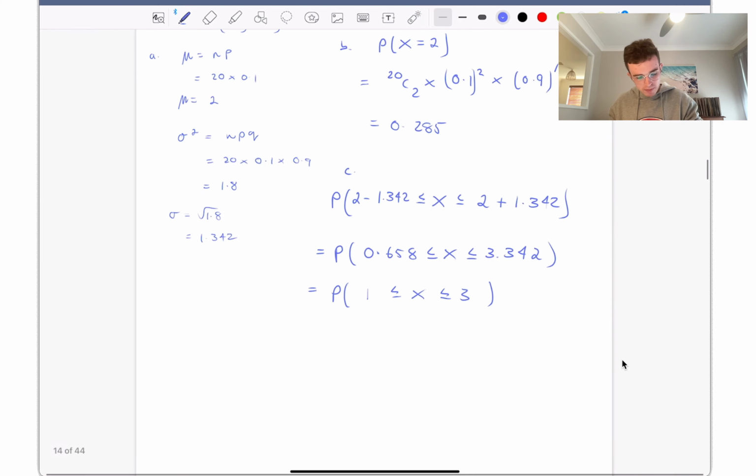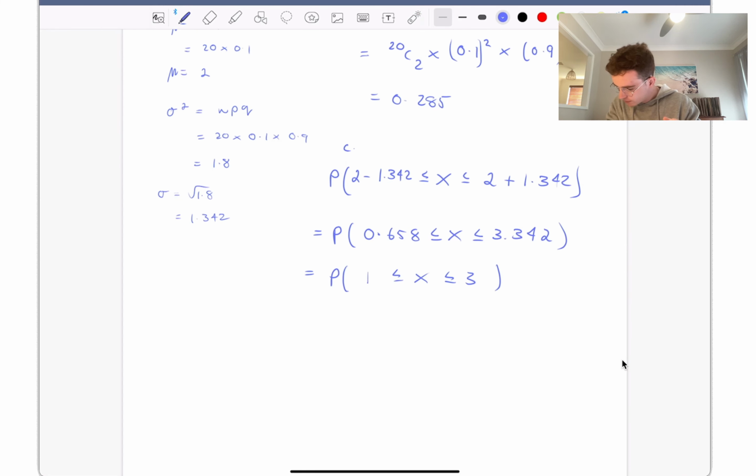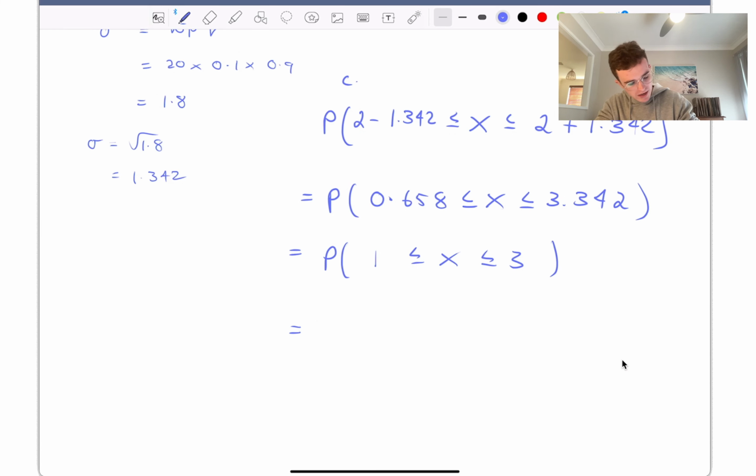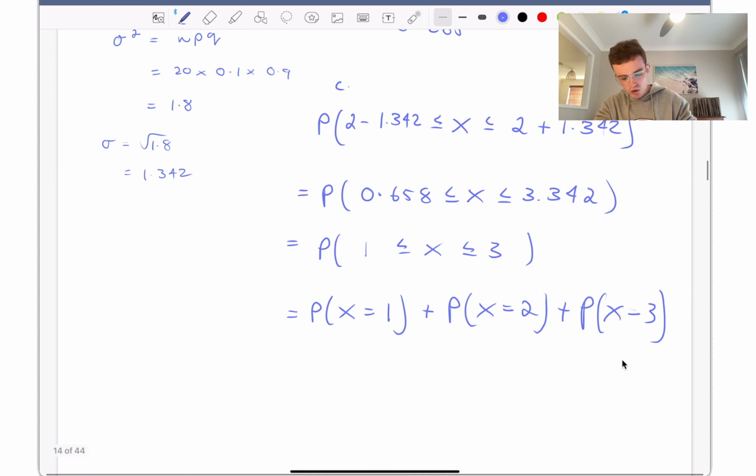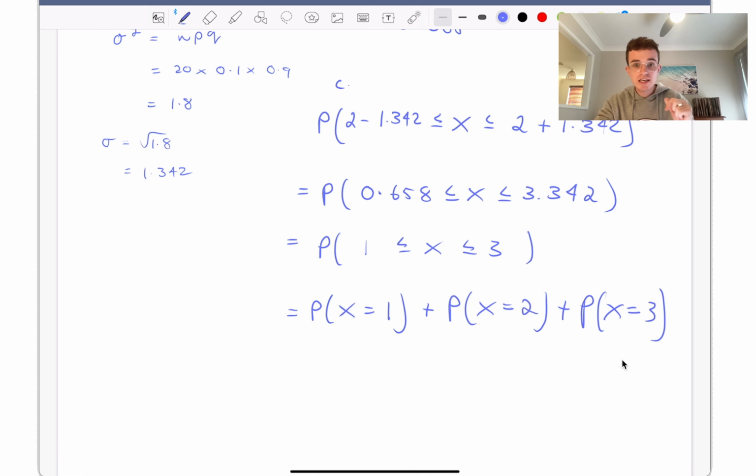So we're looking at the probability that x is between 1 and 3. Realistically, that is the probability that x is 1 plus the probability that x is 2 plus the probability that x is 3. We're not going to do anything like integrate between 1 and 3 because this is a discrete distribution, which means we only have integer values.